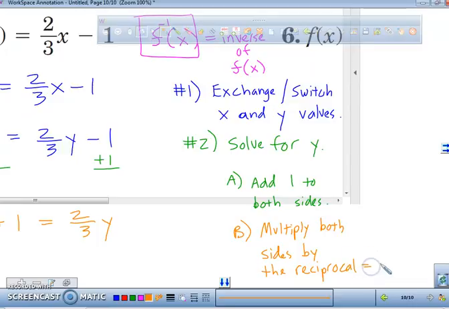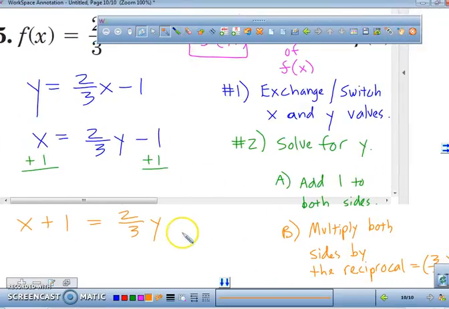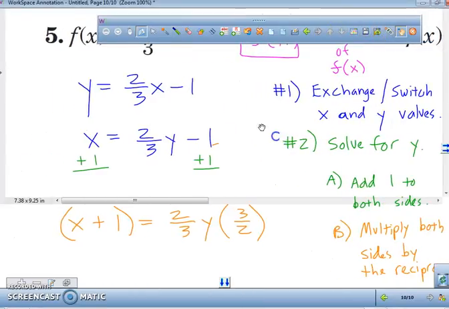What's the reciprocal of 2/3? 3/2. We're going to multiply by the reciprocal of 2/3, which is 3/2. So here we go. We're going to take this side and multiply it by 3/2. Then we're going to take this whole thing right here, this whole x plus 1. Let me slide over a little bit. And multiply this side by 3/2.